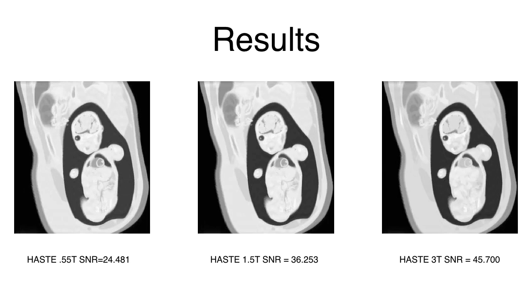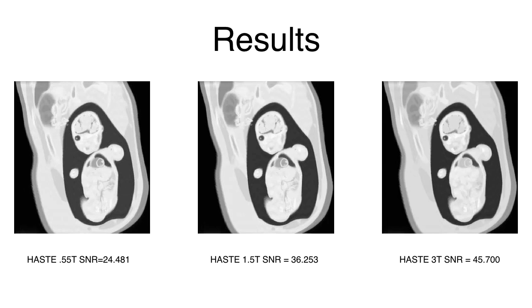So, here are my results for this project. These are 3 images acquired using HASTE under different field strengths. The first one is under 0.55 Tesla, which is the lower field strength. The second one is under 1.5 Tesla, which is the field strength commonly used in practice for fetal MRI. The third one is under 3 Tesla.